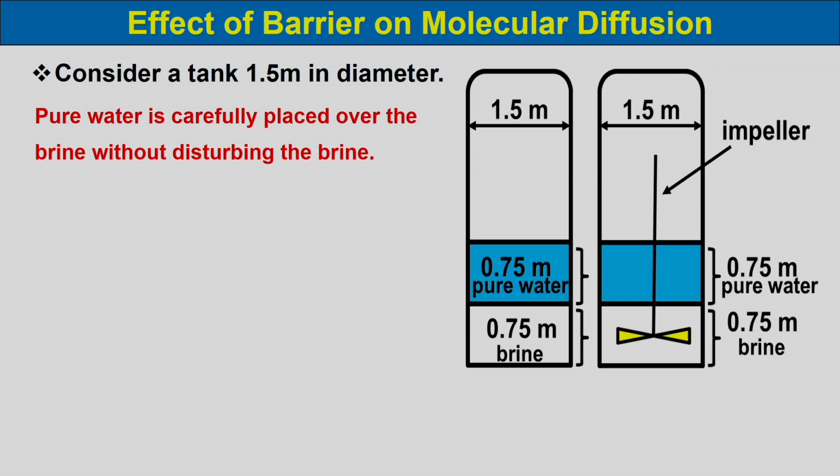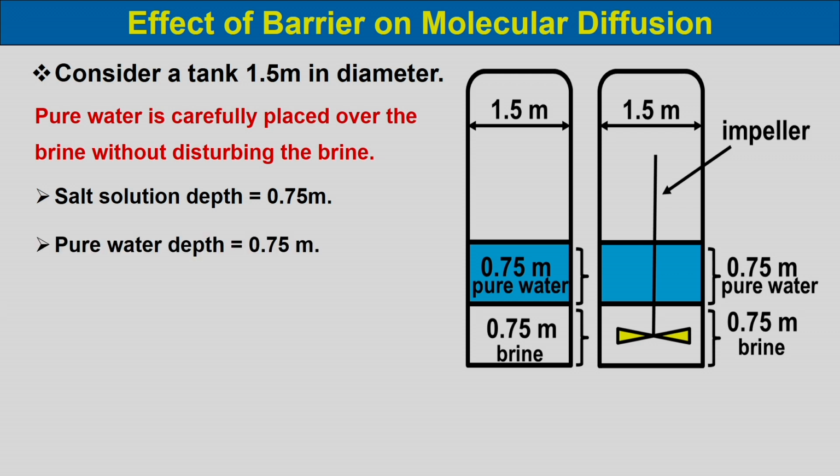At the bottom we have a brine solution of depth about 0.75 meter, and on top of that we place pure water of 0.75 meter depth.